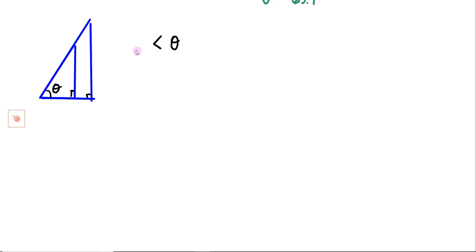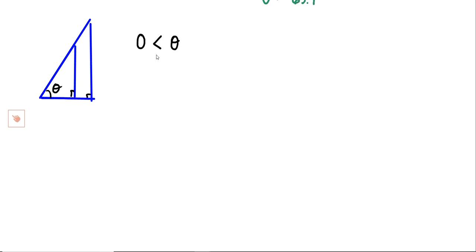What's the minimum angle it can be for our triangles? 80? 60? It's not 1. 0. Not equal to 0, greater than 0.